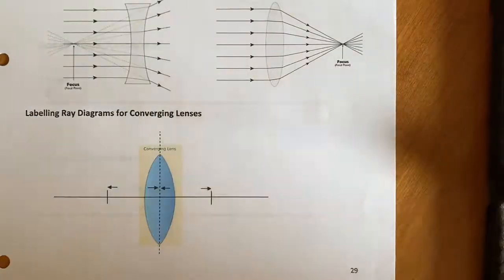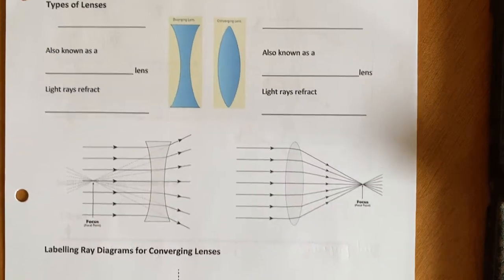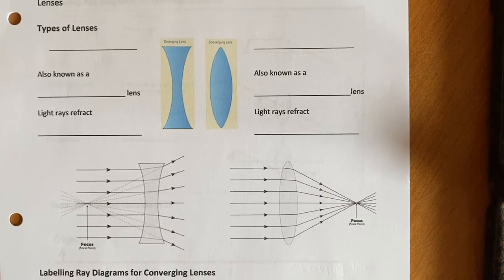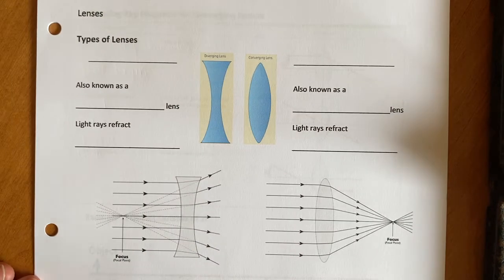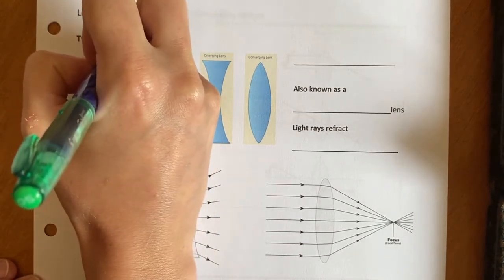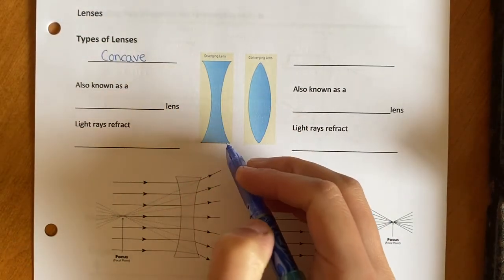So let's talk a bit more about lenses specifically now: the types of lenses and how they refract light. The first type of lens is the concave lens, where both sides are concave.